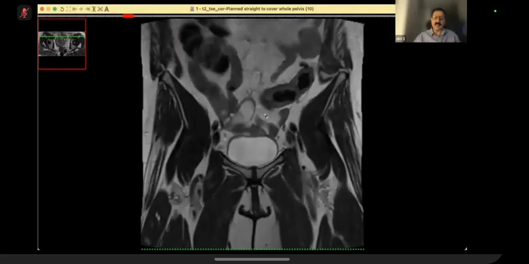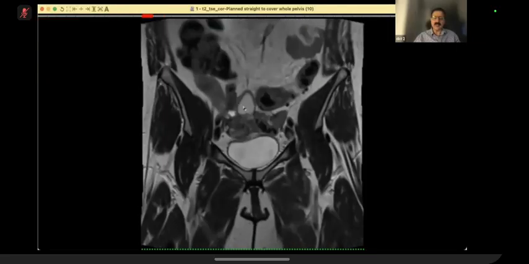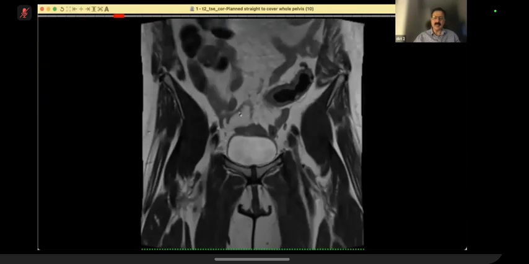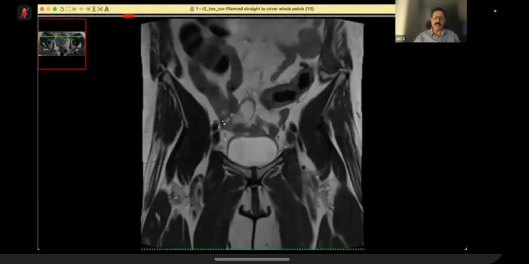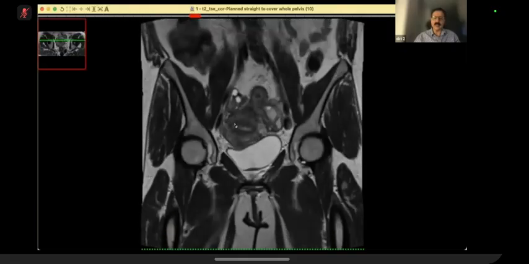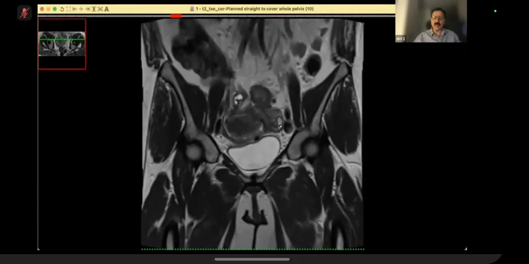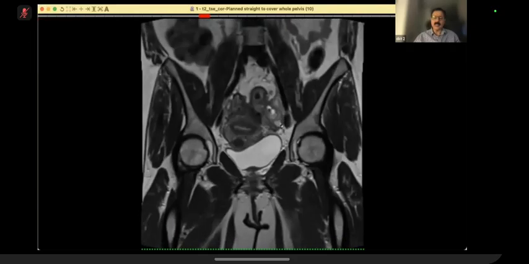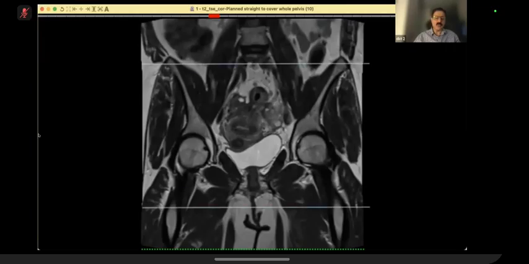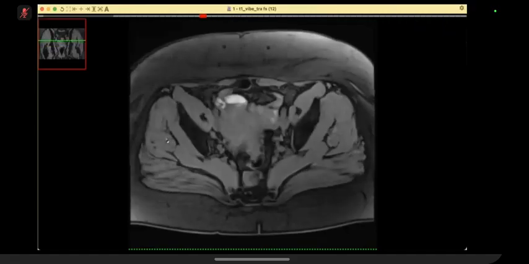But the key thing here is, look at this tube-like structure. It is dilated. It is a dilated fallopian tube. And this is one end, and this is a convoluted structure, which is dilated. On the other side, there is another one, which is small. Now, the key thing is, you have to ask for a T1 weighted to look for any hemorrhage.